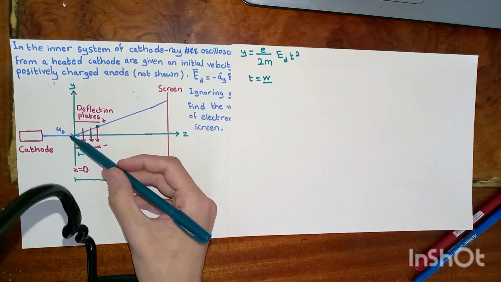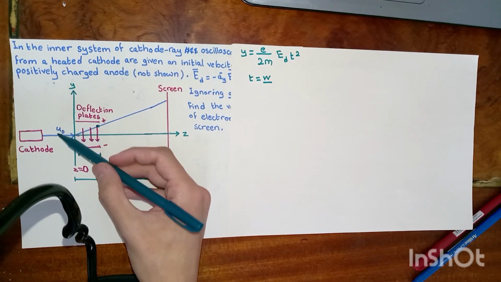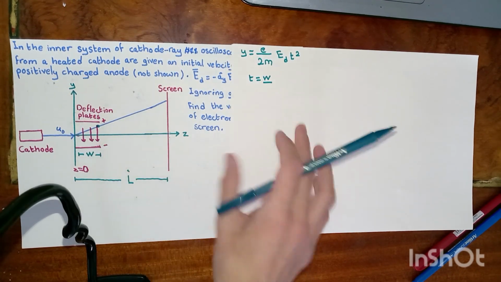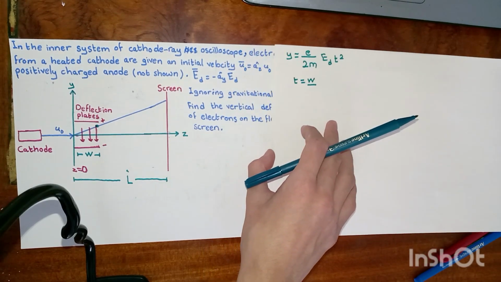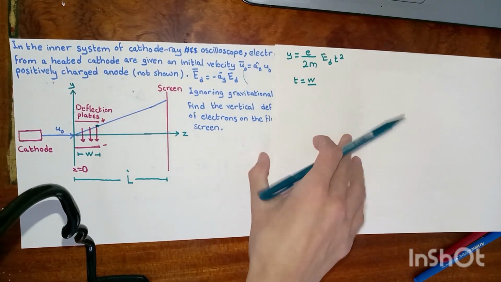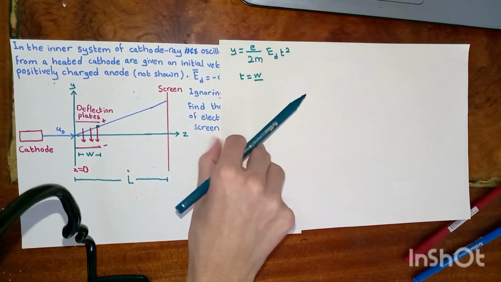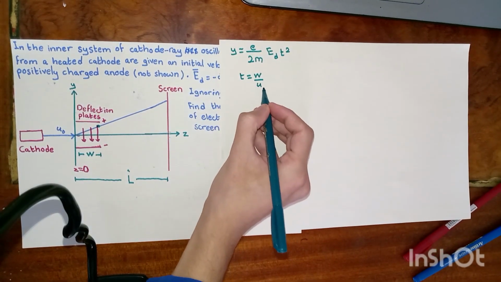The velocity that electrons are moving with towards the z direction is constant velocity, and it's u sub 0, so w divided by u sub 0.